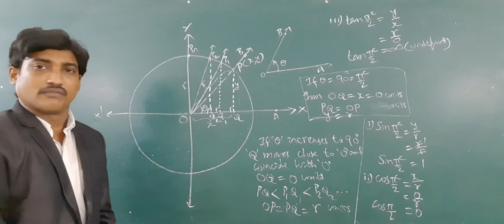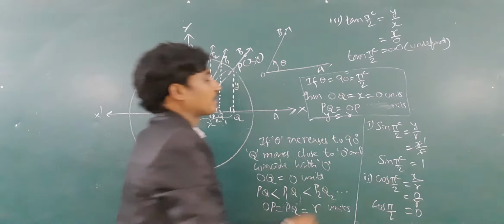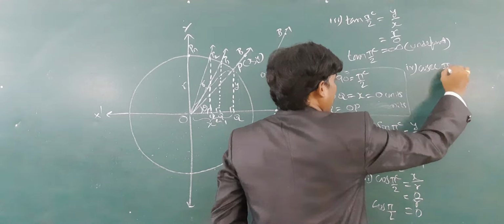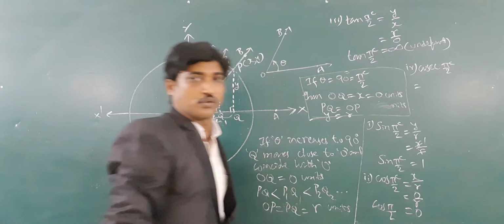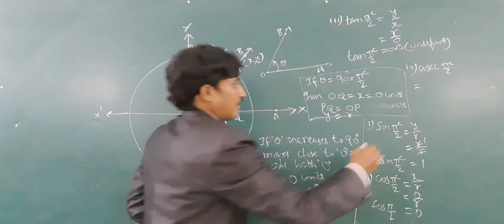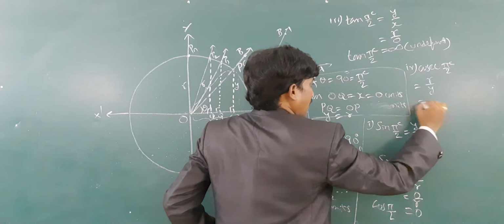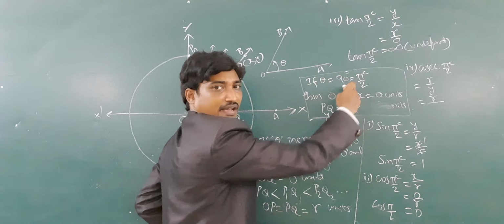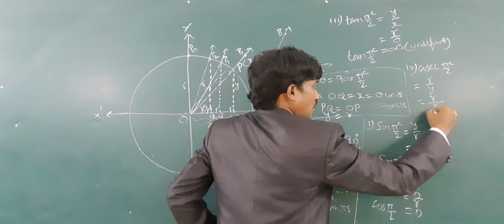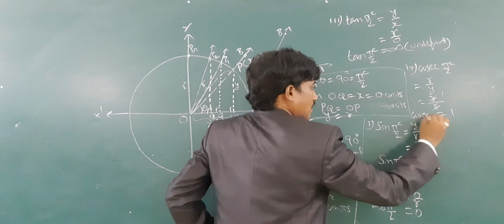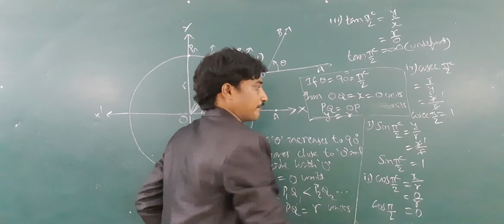Next, cosecant pi by 2 radian is r by y. We know y equals r when theta is 90 degrees or pi by 2 radians, so r by r cancels to 1. So cosecant pi by 2 radian is 1.